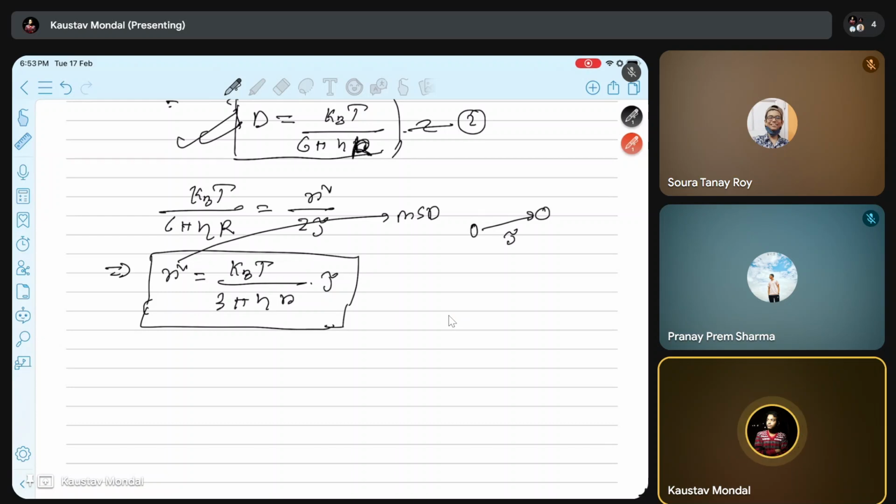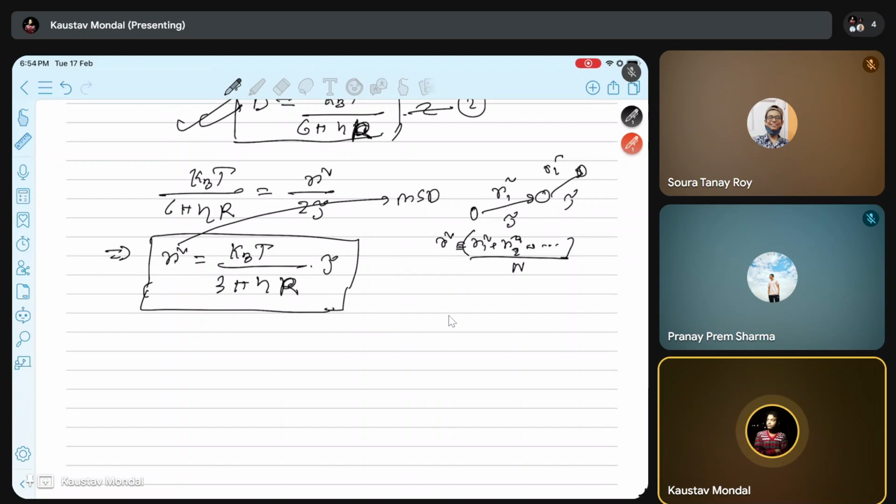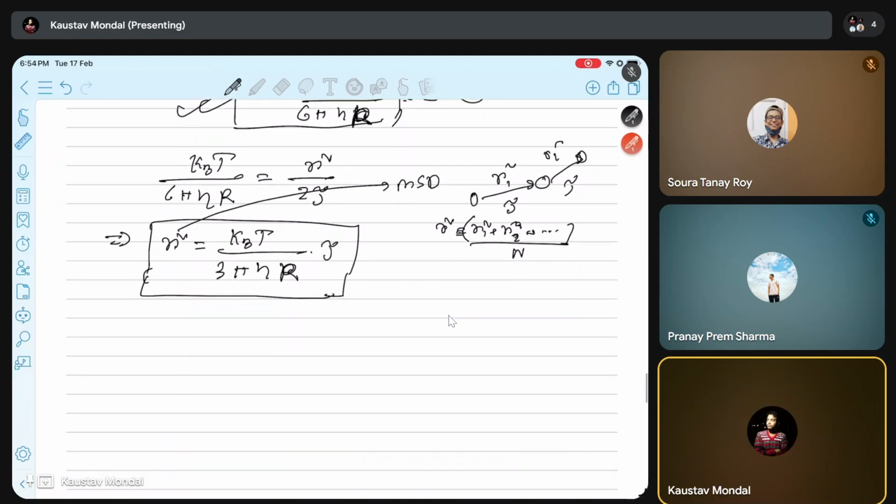In order to get r square, you can calculate over many intervals tau, r1 square, r2 square, and if you average all of this over the intervals, you will get this final r square. So this is basically how the particle fluctuates. As this is a random motion, that's why they call it a fluctuation.